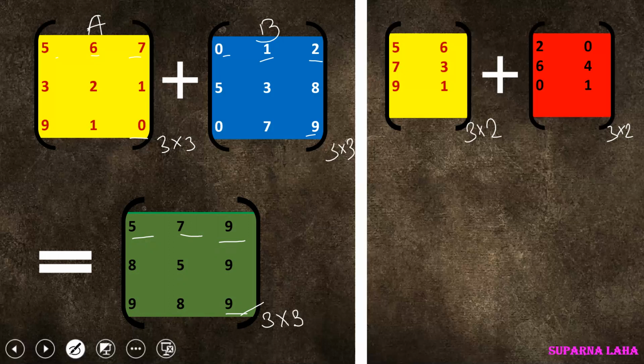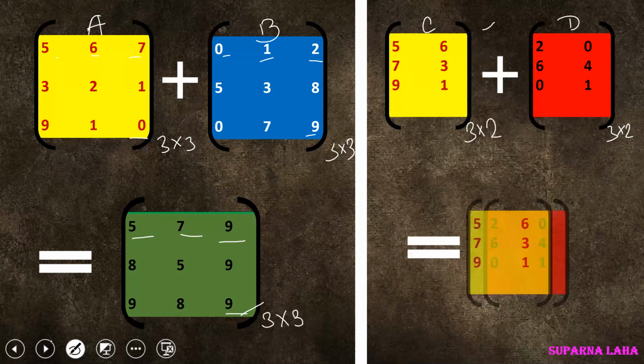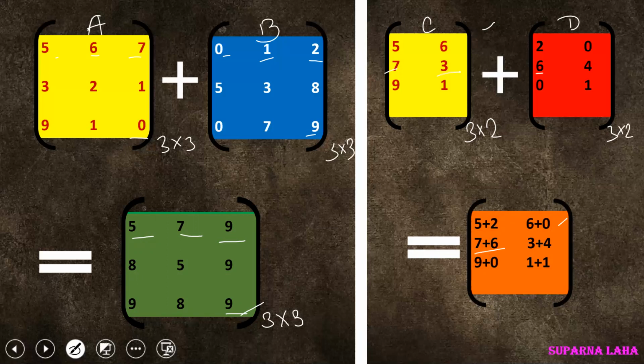So the first part is completed. Now move to the second part, adding these two rectangular matrices. Let this matrix be C and this red one be D. In the same process, we add their corresponding elements: 5 plus 2, 6 plus 0, 7 plus 6, 3 plus 4, 9 plus 0, 1 plus 1.